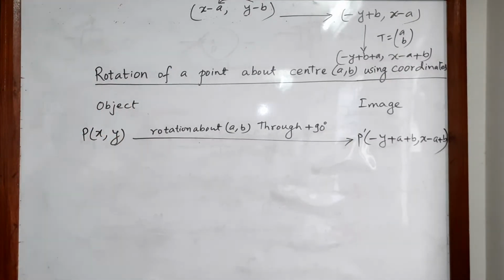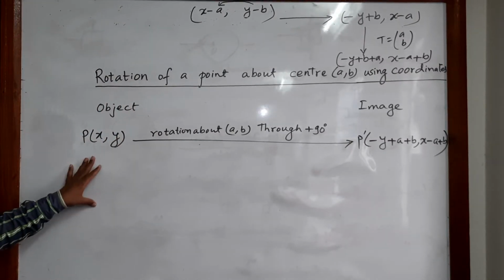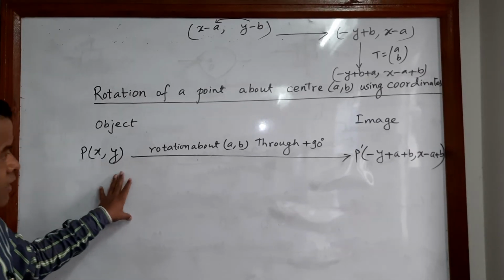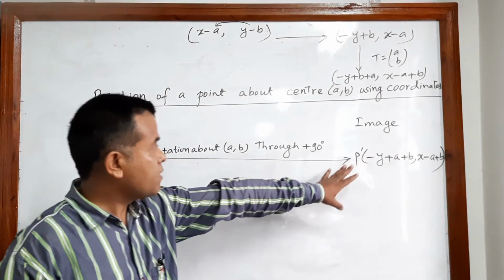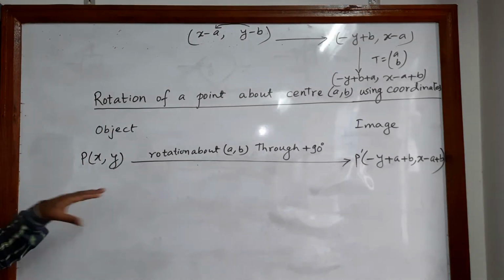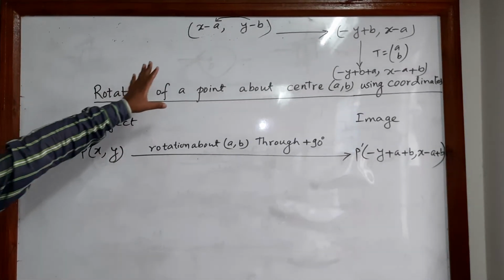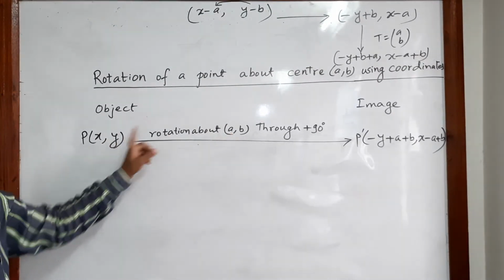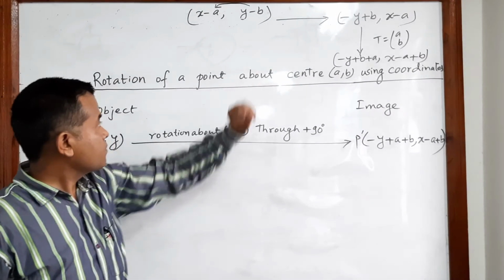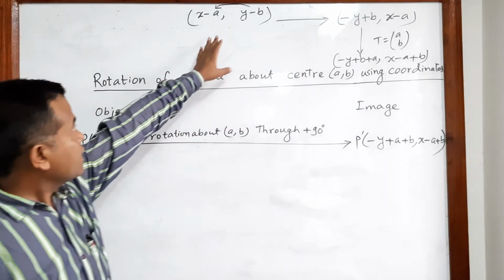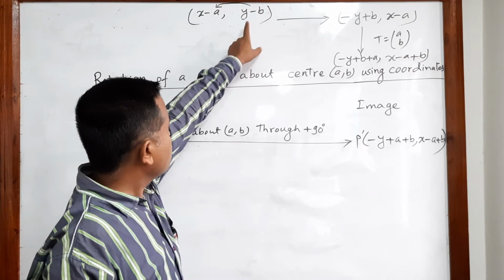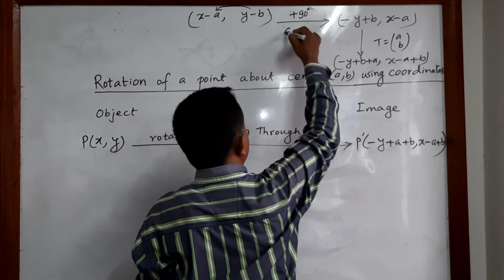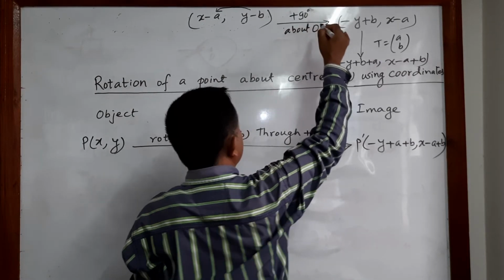This is the formula. If we have to remember the formula directly, it will be difficult and may be confusing, but using this technique it is quite easy. First of all, we subtract the point AB: x minus a, y minus b. We rotate this through positive 90 degrees about the origin.